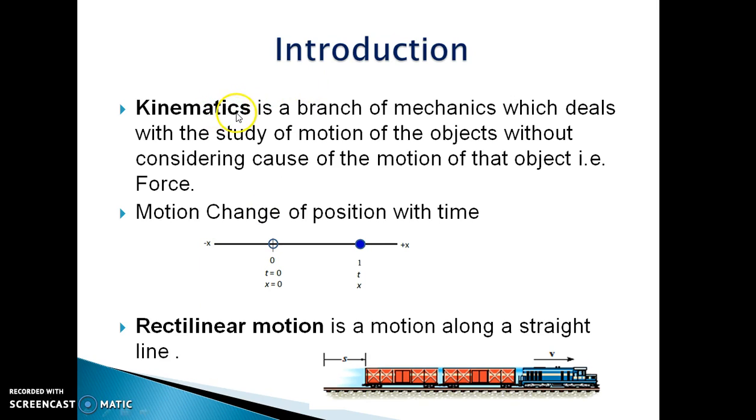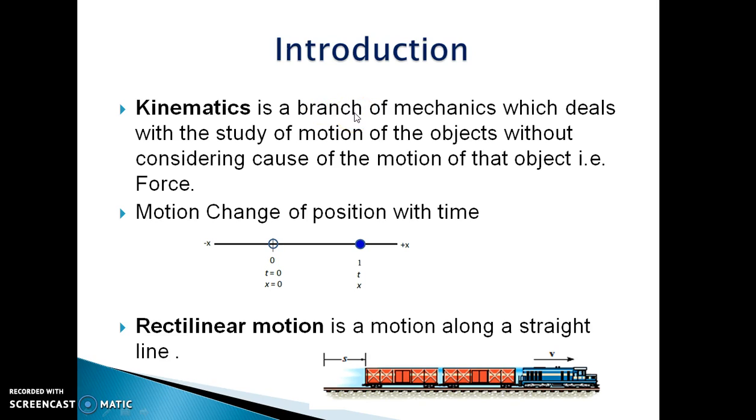So what is kinematics? Kinematics is a branch of mechanics which deals with the study of motion of objects without considering the cause of motion of that object, that is force. In this presentation, we are concerned with the kinematics of rectilinear motion.